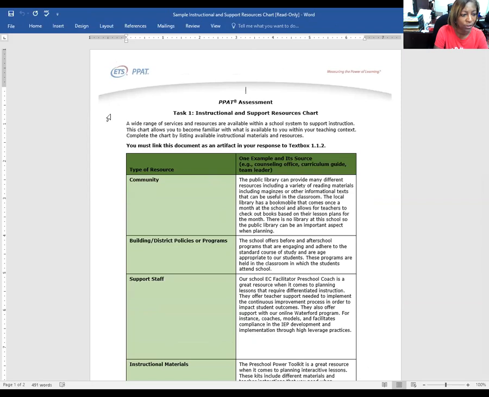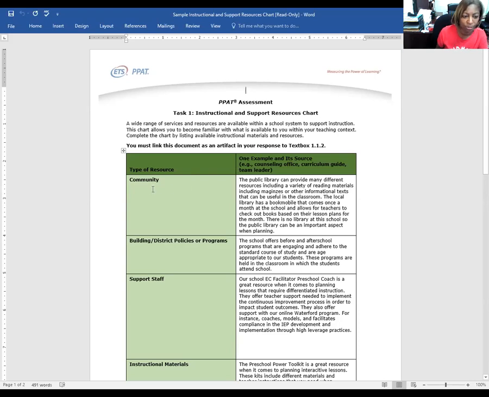This chart allows you to become familiar with what is available to you within your teaching context, the things that you can put your hands on, the things that you can use in your classroom to help you teach. It says complete the chart by listing available instructional materials and resources. It says you must link this document as an artifact in your responses when you are taking the PPAT. But right now, this statement does not apply to you.